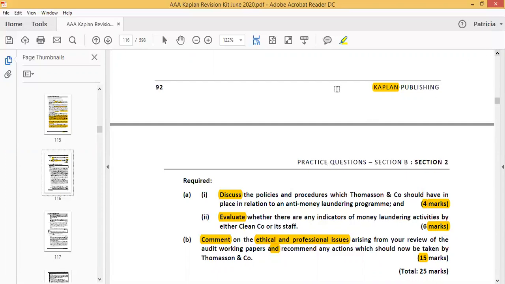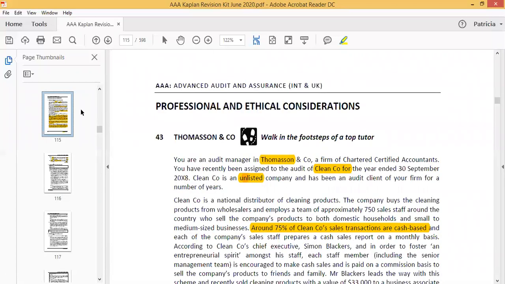whereby I noted down some key points. So here you could talk about what the key indicators are. You have to evaluate what those key indicators are. When I noted down here, you see around 75% of Clean Company's sales transactions are cash-based. So it shows that this is a cash-intensive business.